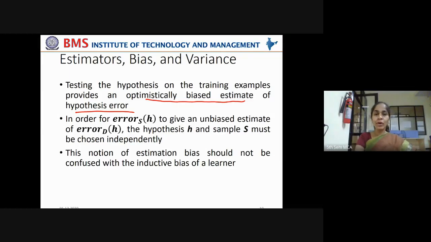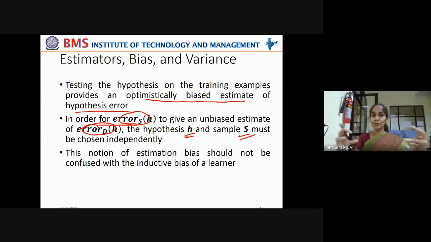So in order for sample error to give an unbiased estimate of the true error, the hypothesis H and the sample S must be chosen independently. They must be chosen independent of each other. This means H should not be influencing the sample that is being taken at random, and the sample should not be influencing the hypothesis that is framed.